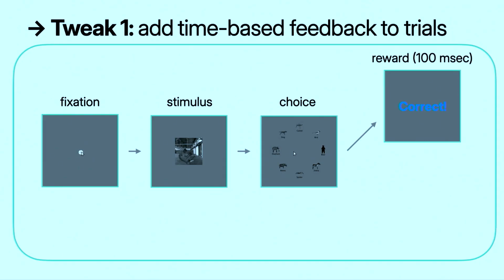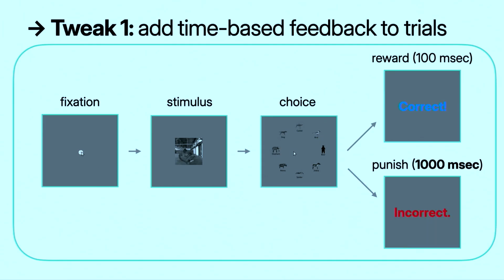So if they choose the elephant, let's show them a reward screen, which will last 100 milliseconds. And if they chose anything else, let's make them wait for 1,000 milliseconds, or a second. That's actually really, really annoying to experience if you do this yourself. You have to just wait and do nothing for a second.